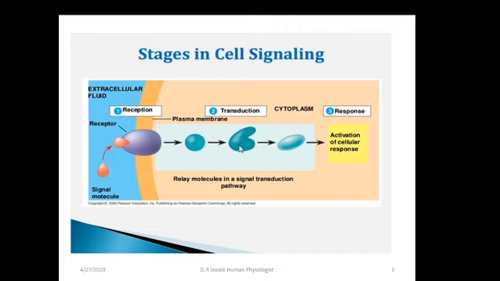So you see that most of the processes in the body require enzymes. Apart from that, transduction also results in activation of what we call secondary messengers. So the third stage is a response.